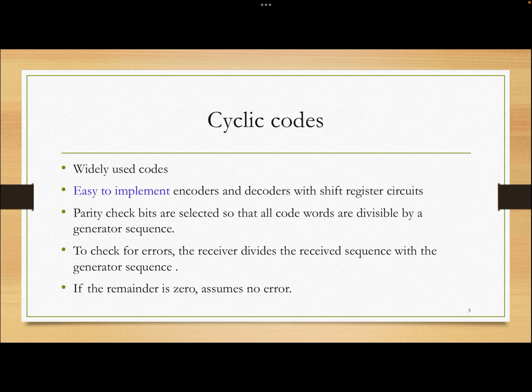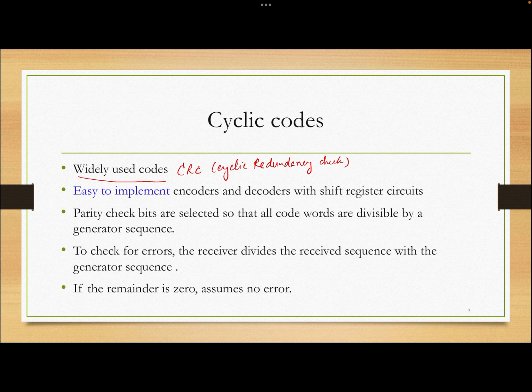Now let's talk about cyclic codes. Cyclic code is a very important code. It is a subset of the linear block codes, and it is very widely used in practice. If you have heard of the CRC, cyclic redundancy check, it is the same.